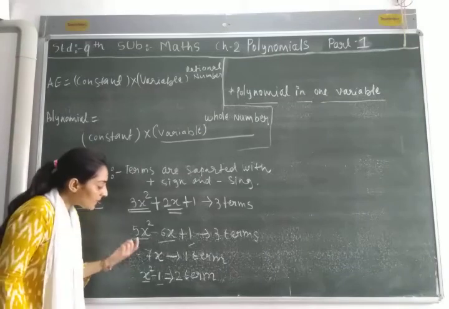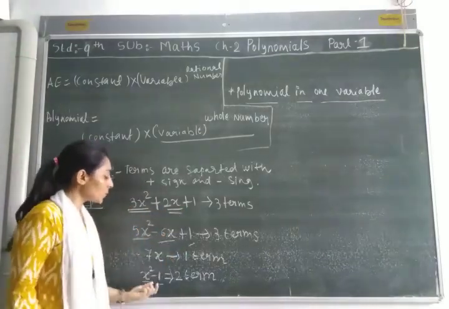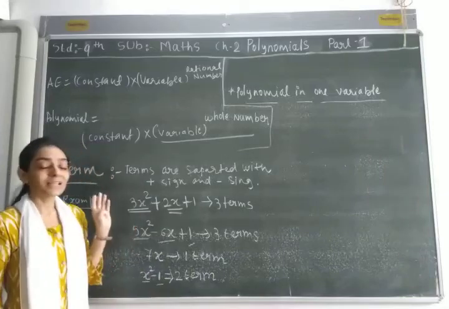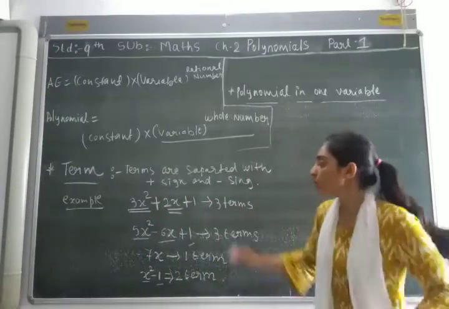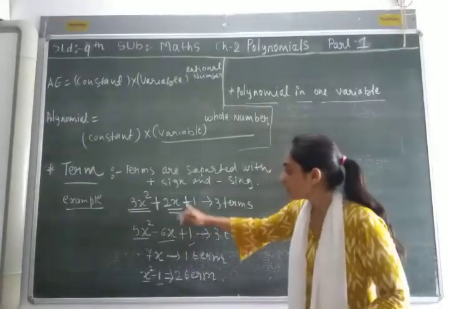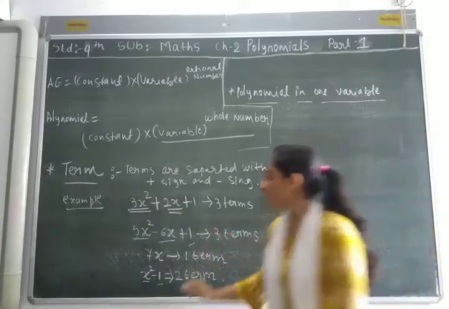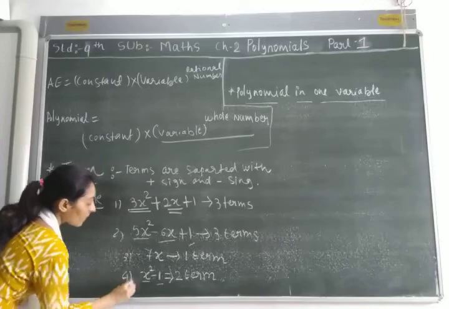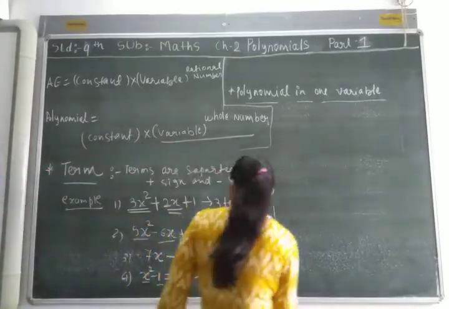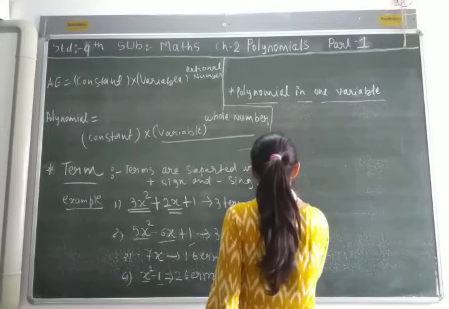In some examples both kinds of sign occur, or only the plus occurs, or only the minus occurs. But the point is that terms are only separated with the plus and negative signs. Let's take one more example and check how many terms there are.